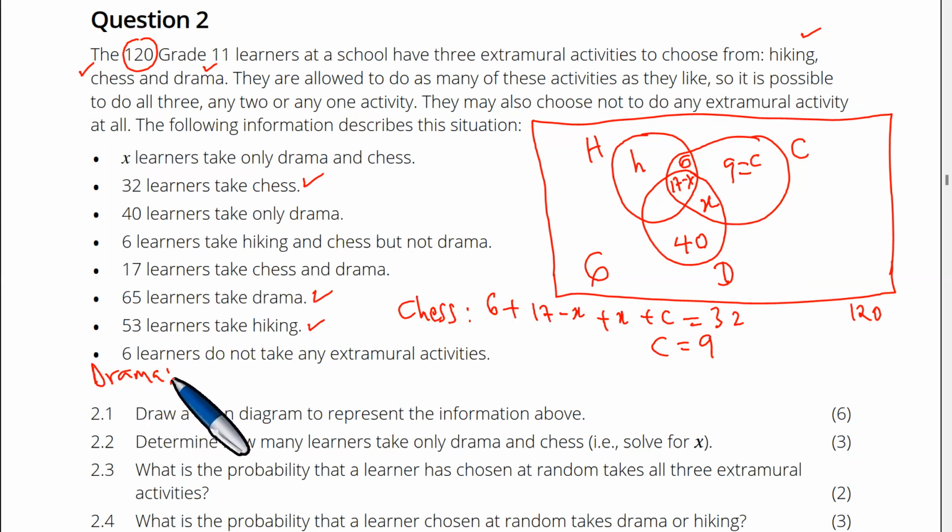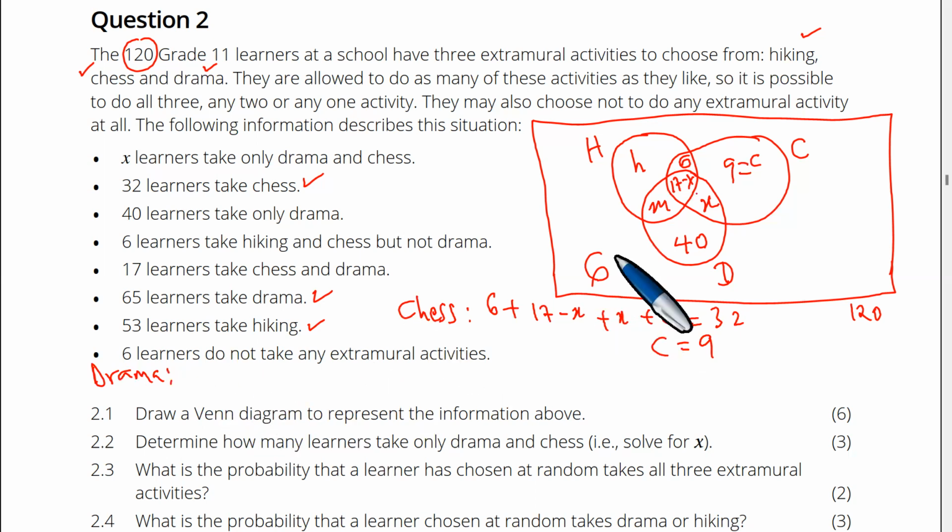So those who do drama, you can add everything up, but also this portion we don't know. Let's call this portion M. It doesn't matter, it's just another unknown. The M is different from the H and the C. Now you have this drama.